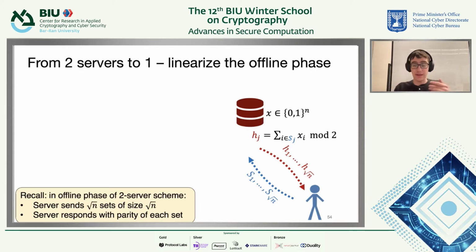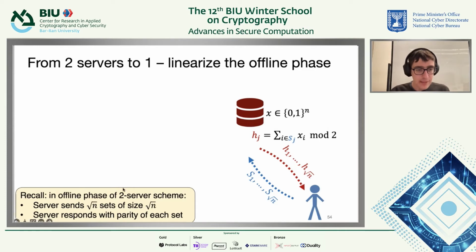The problem is that if you go back and see how the answer function works, it needs to compute parities of different bits it reads from the database, like looking at sets. This is not exactly a linear function. And so what we'll do now is restructure the offline answer algorithm so that it is linear, and then once it's linear, if the inputs are encrypted using linearly homomorphic encryption, we can homomorphically evaluate the answer function and get the output.